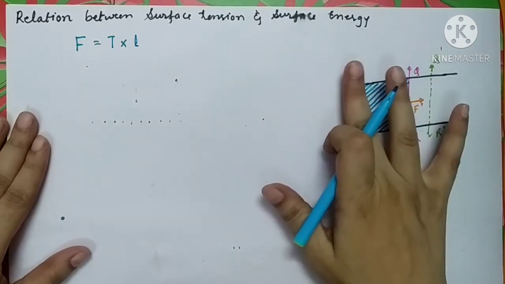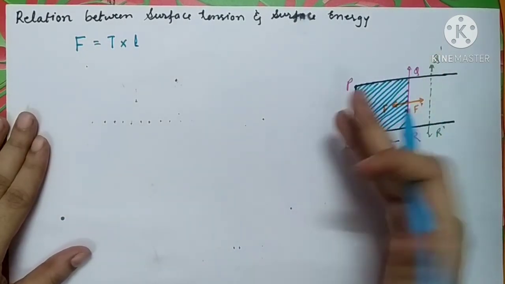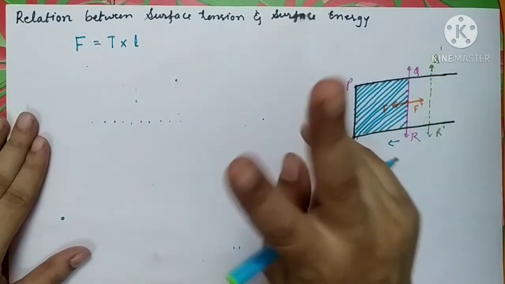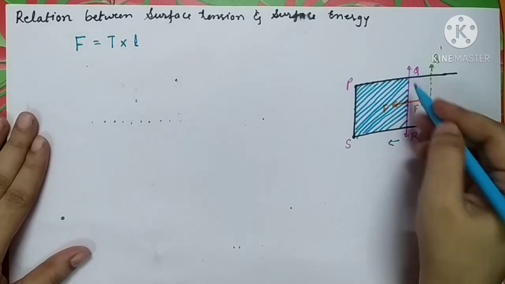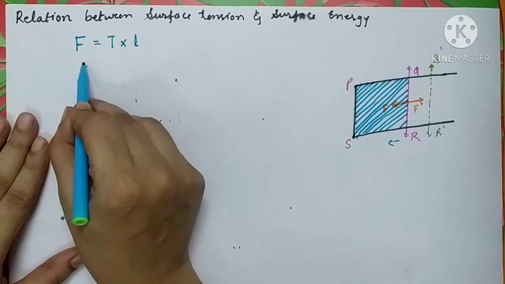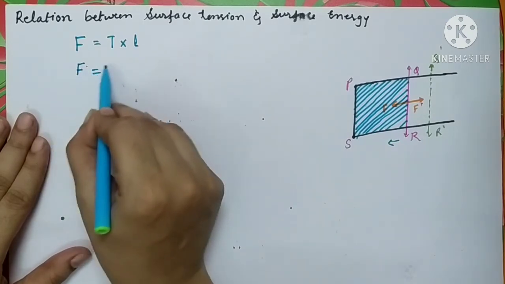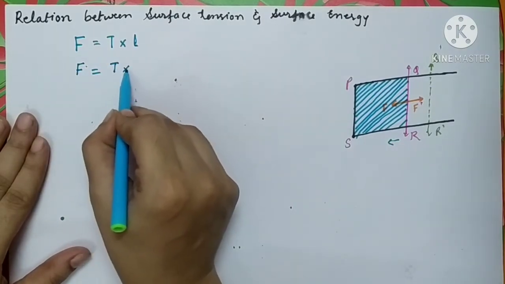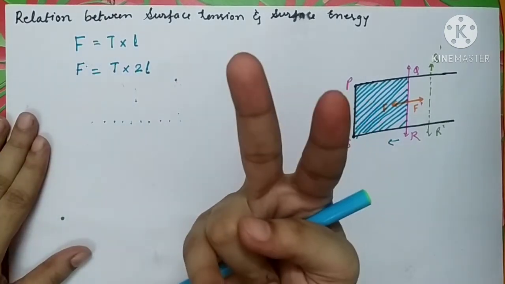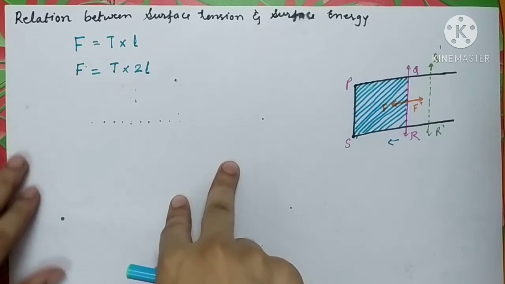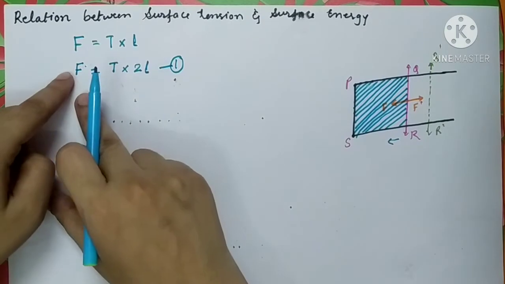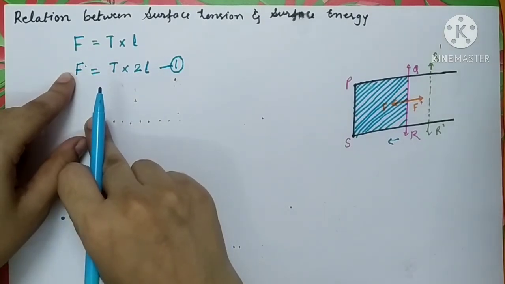One is above the rectangular surface and one is below it. So there will be two lengths of the wire in contact with the surface film. So we can write the formula for the force due to surface tension: F is equal to T into 2L, 2 times L, because there will be two soap films. Give this one as equation number 1. Remember that this is the formula of force due to surface tension.